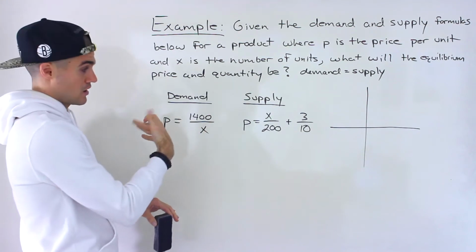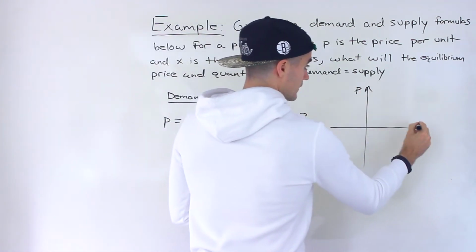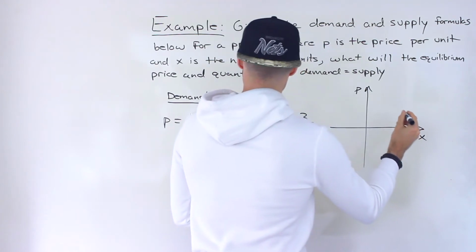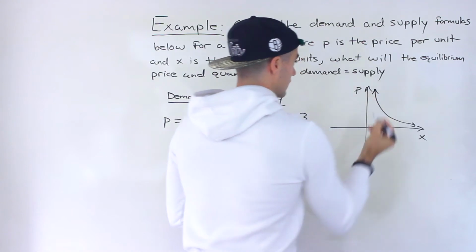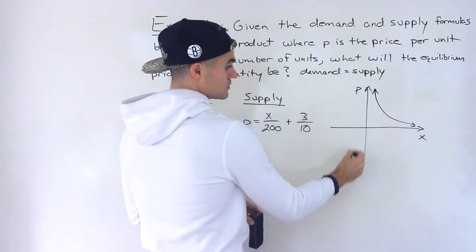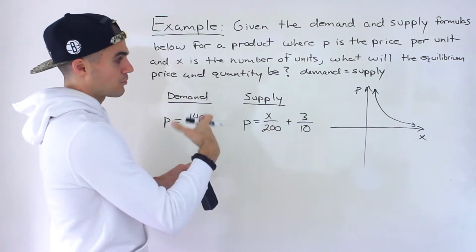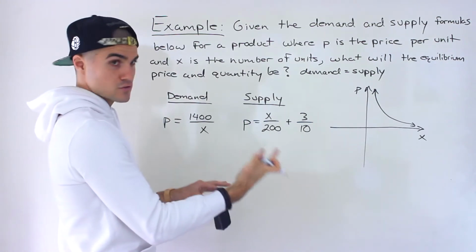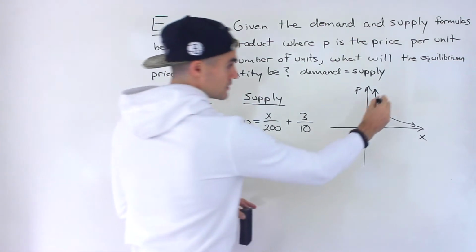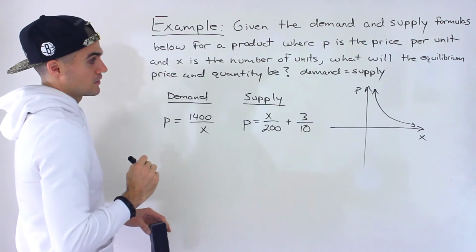If you remember from high school functions, if this is P and this is the X-axis, 1400 over X is going to look something like that. There's another portion over here, but because this is a word problem and the price and the number of units can't be negative, this is the only portion of this function that we're going to be dealing with.